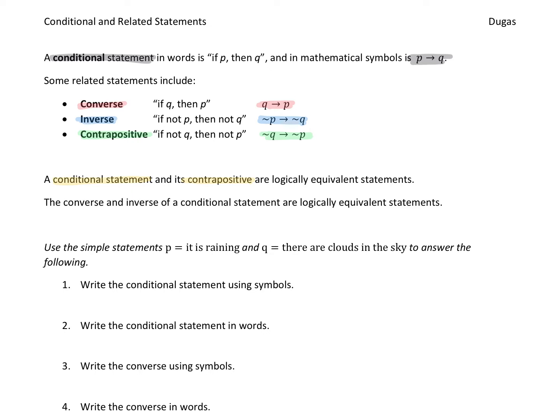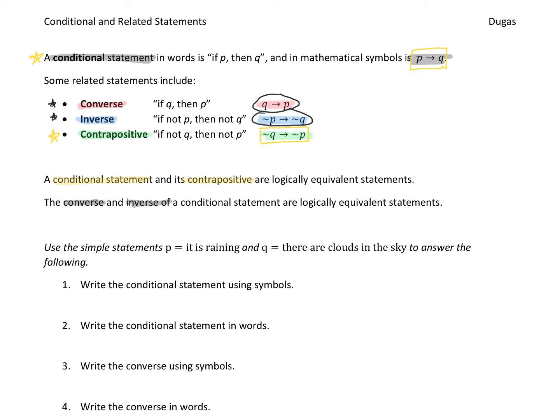So that means that the conditional statement, if P then Q, is logically equivalent to the contrapositive, if not Q, then not P. So those are logically equivalent. Similarly, the converse and the inverse are logically equivalent as well.